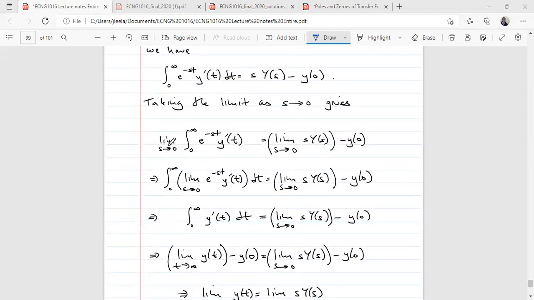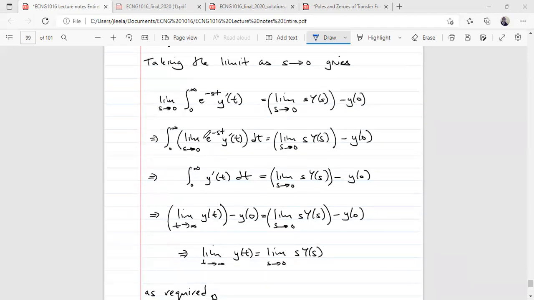This implies you can put the limit on the inside of the integral, the limit as s approaches 0 of e^(-st) y'(t). Of course, here s approaches 0 and anything to the power 0 is 1, so that will just be the integral between infinity and 0 of y'(t) dt, equal to the limit as s approaches 0 of sY(s) minus y(0).